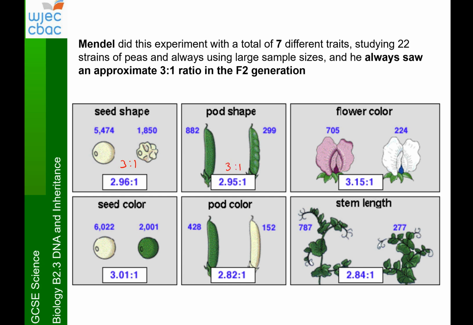Flower colour, which we've just looked at, the purple to white was 3.15 to 1, so rounded to the nearest whole is 3-to-1. Seed colour, we get pale yellow seeds or green seeds, and the pale yellow is actually more common, is the dominant variety, and that's a 3-to-1 ratio.